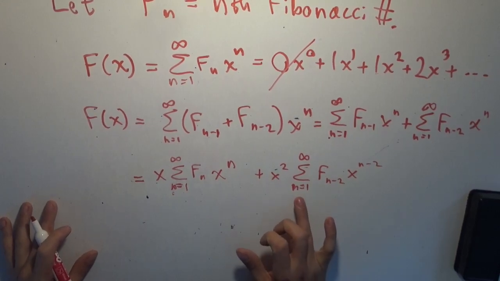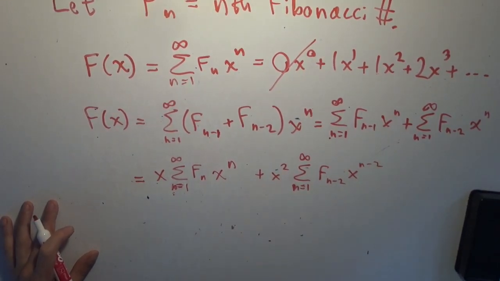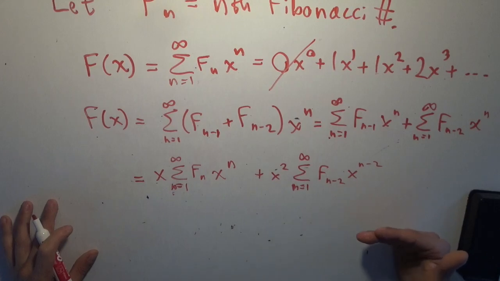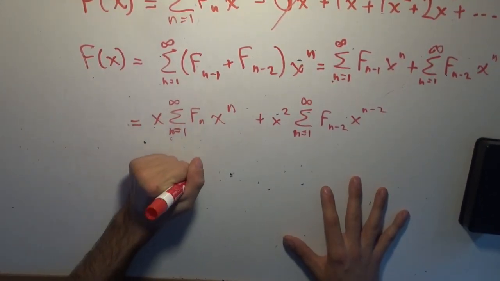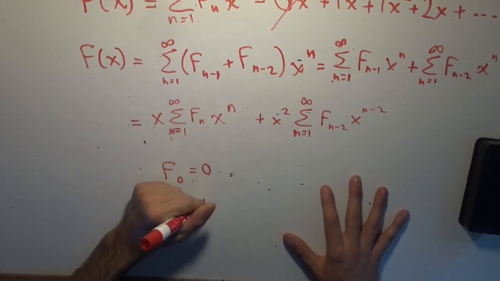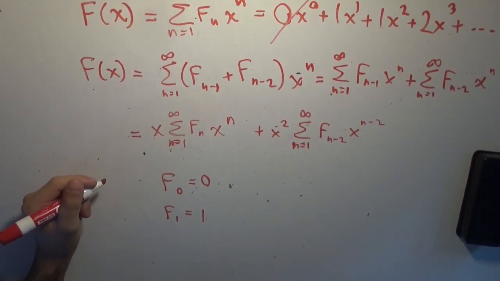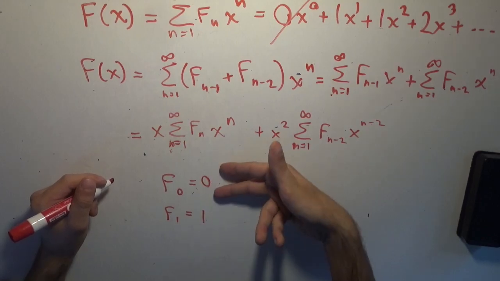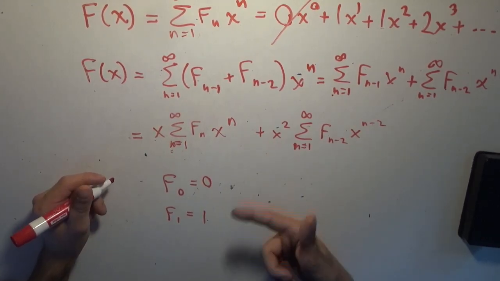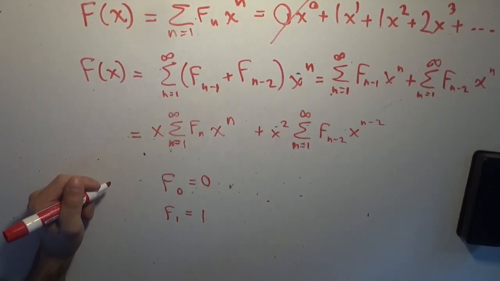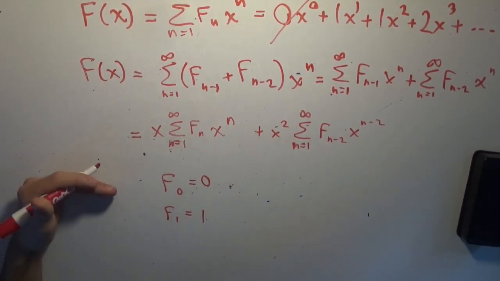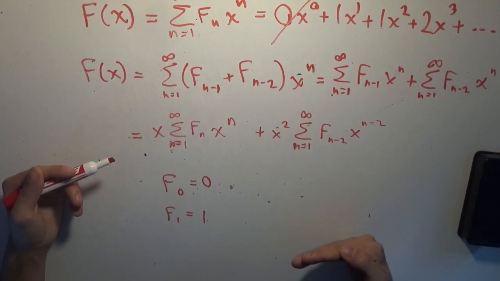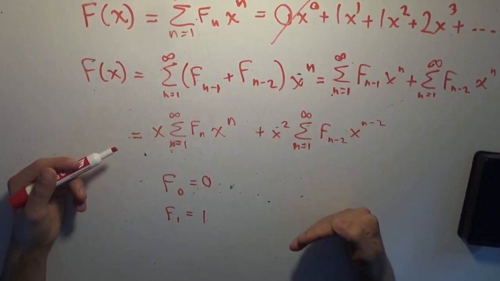And now we actually have to ask ourselves, what is the negative first Fibonacci term, right? We defined f sub 0 to be 0 and f sub 1 to be 1. Well, we know that the previous two terms have to add up to give the next term. So f sub negative 1 should be whatever I need to add to 0 to get 1. And that number is 1, which means the negative first Fibonacci number is 1. Okay?